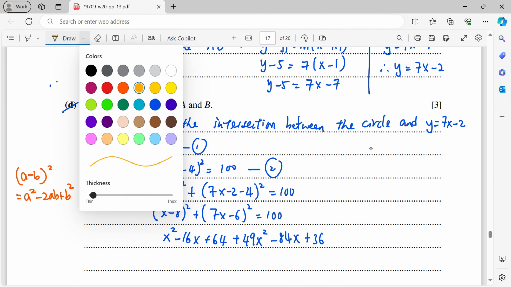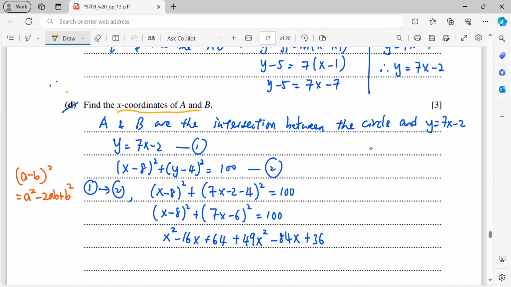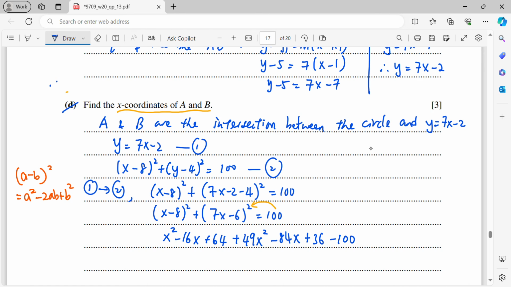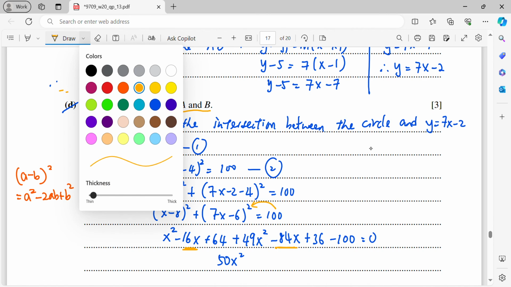Since we need to find the x coordinates of A and B, this 100 I move to the left side, so it becomes minus 100, that equals 0. Then I simplify it. The x squared plus 49x squared becomes 50x squared. Then minus 16x minus 84x becomes minus 100x.